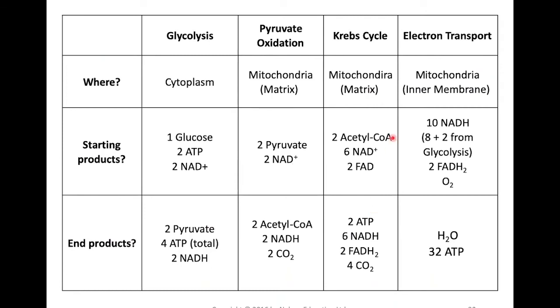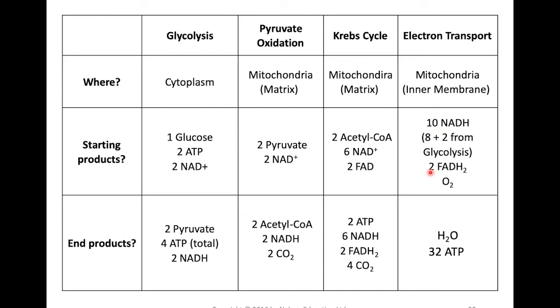All right, so let's take a look at our chart here for our final portion. We're looking at the electron transport chain, remember, taking place within the mitochondria, but now the 3 proton pumps as well as the ATP synthase are all embedded within the inner mitochondrial membrane. Now our starting products, we had 10 NADH. Now I've broken this up so that you can include this in your chart, where you have 8 that are coming from pyruvate oxidation as well as Krebs cycle, and then you have the 2 NADH that were coming from glycolysis.